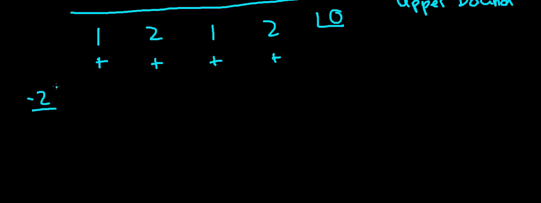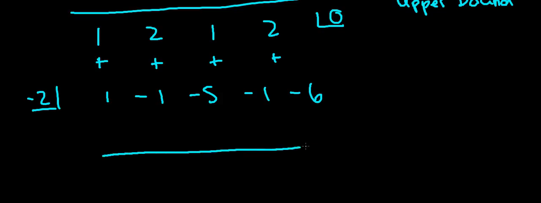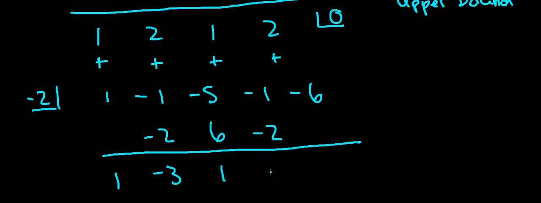So minus 2, we have 1, minus 1, minus 5, minus 1, minus 6. I could have just used this over here, but whatever, I already wrote it out. So 1, minus 2, minus 3, positive 6, 1, minus 2, minus 3, positive 6 and 0.